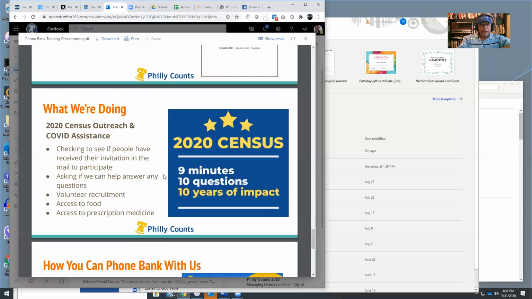So we are doing the script that we're doing. We're just checking to see if people have received the invitation to do the census. And then sometimes we do COVID outreach to see how people are handling the pandemic. A lot of the people that we talked to have questions about COVID. They were concerned about where to get free testing. People are looking for food assistance.